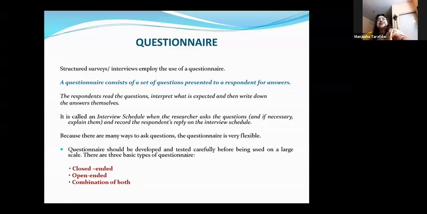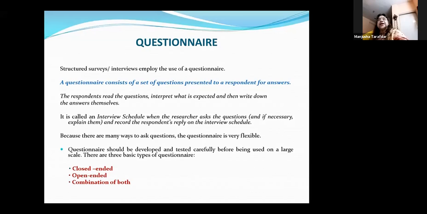It is called an interview schedule. As a research scholar, you have to know how to prepare this interview schedule. There are different tools. Questionnaire schedules are there, interview schedules are there, data blanks are there.